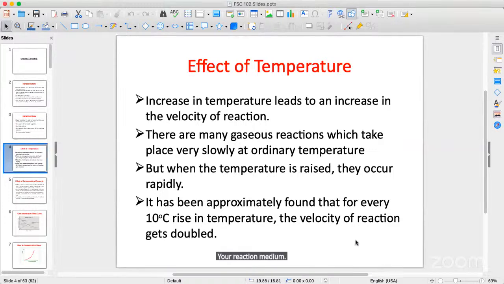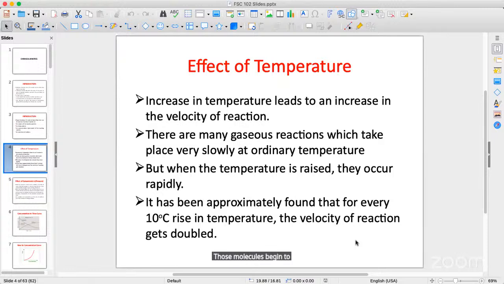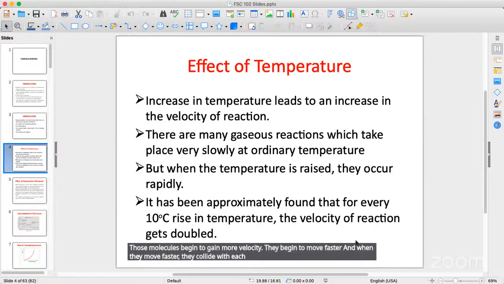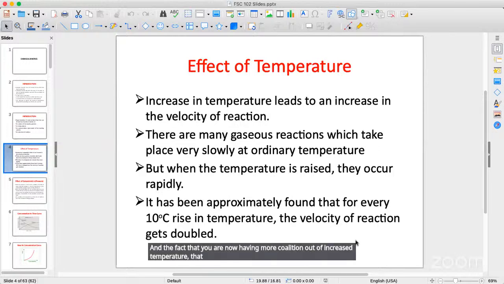Now, the rate at which they react together is going to be determined by temperature, because immediately you increase the temperature of the mixture, those molecules begin to gain more velocity. They begin to move faster. And when they move faster, they collide with each other more. And the fact that you are now having more collisions out of increased temperature means you're going to have a higher rate of reaction.